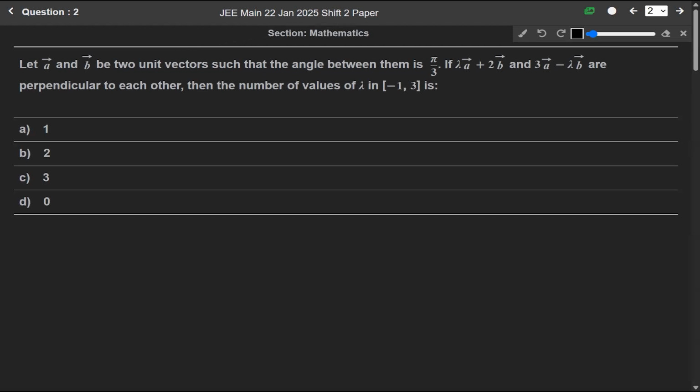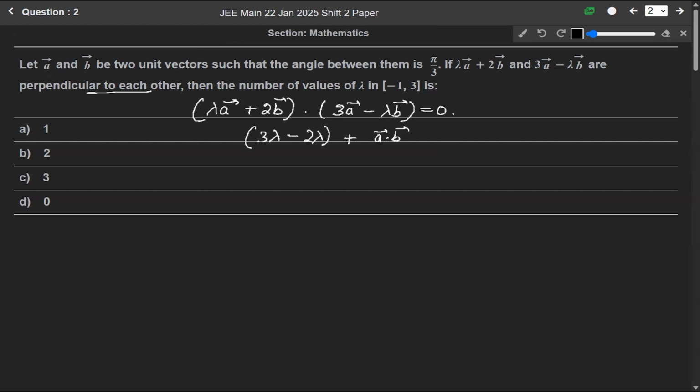Okay. So we are given lambda A vector plus 2B vector and 3A vector minus lambda B vector are perpendicular to each other, which means the dot product will be equal to 0. So this gives 3 lambda minus 2 lambda plus A dot B times minus lambda square plus 6, equal to 0. Okay.